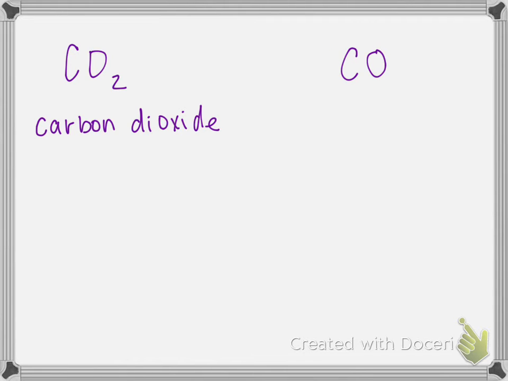You might know some that are covalent compounds. What would I call that compound right there? What do you know that the name of that is? Carbon dioxide. Okay. Now, this is just a common one that we just happen to know the name of. What about this one? CO. What do we call that one? Carbon monoxide.